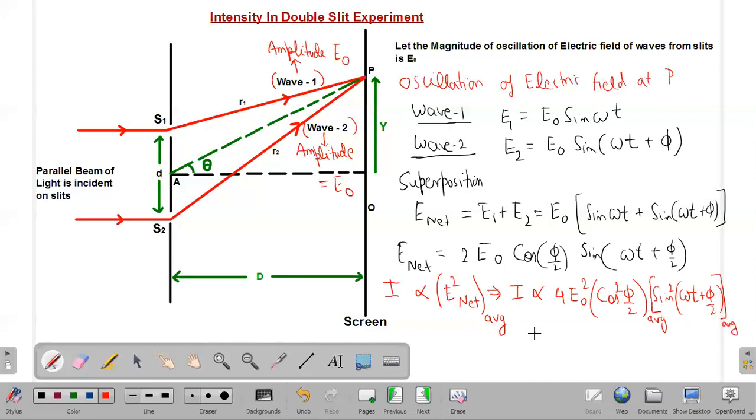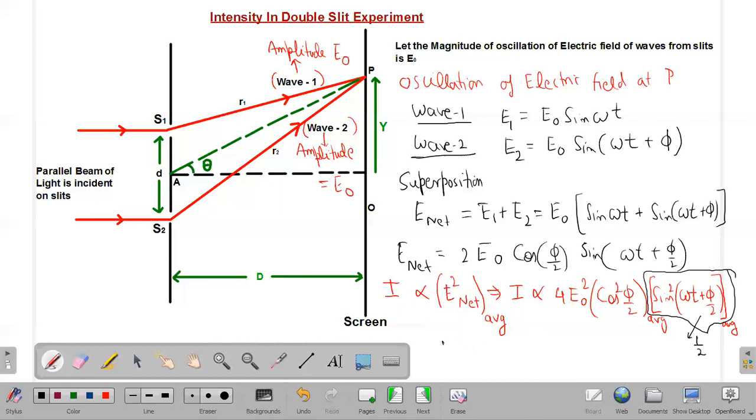And we know that during one oscillation, the average value of sine square omega t or cos square omega t is always half.